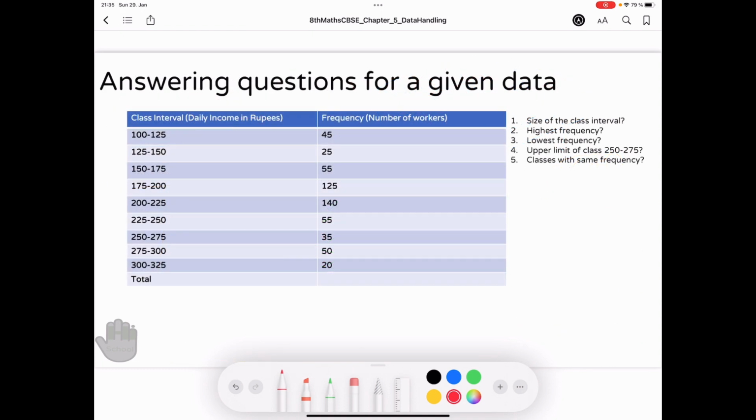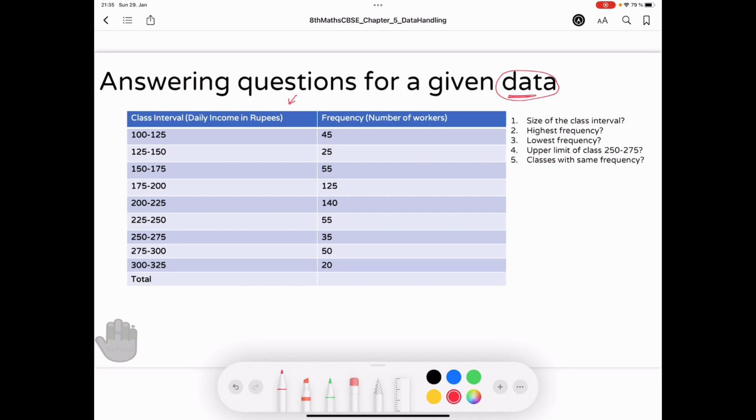Now here what we have is organized data. It is not raw data, it is already organized. We have organized this data of income of different workers. Different workers earn different amounts in a day.